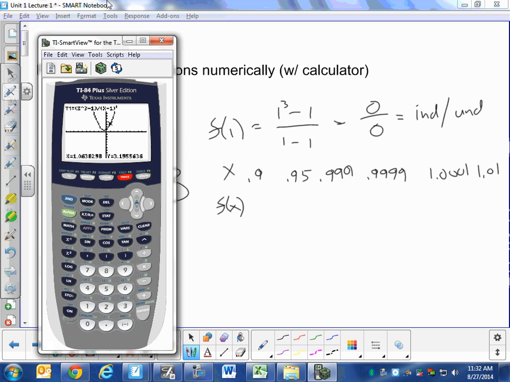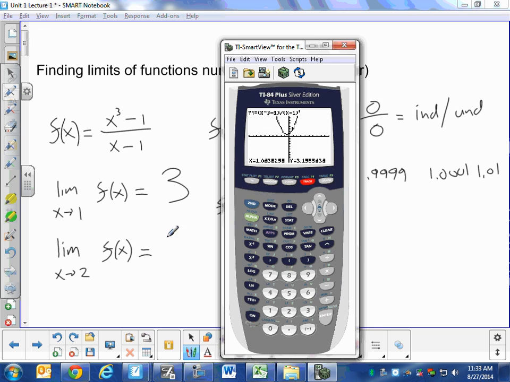All right, Mr. Mozich, what did you get? And how did you get it? Yeah, that's the easiest way to do it. Sure, I can plug in 1.999 in my trace and see where I'm getting. But Mr. Mozich, you did the right thing. You said, hey, if my function's defined at 2 and we're continuous through 2, it's going to be a piece of cake.